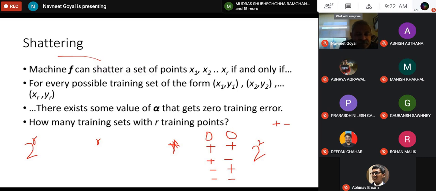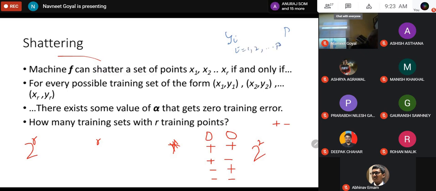Again, this is interesting. A machine F can shatter a set of points x1, x2, ..., xr if and only if for every possible training set of the form (x1, y1), (x2, y2), ..., (xr, yr). In general, if there are p classes, this yi can take values from 1 up to p.